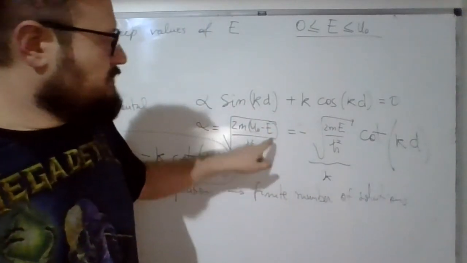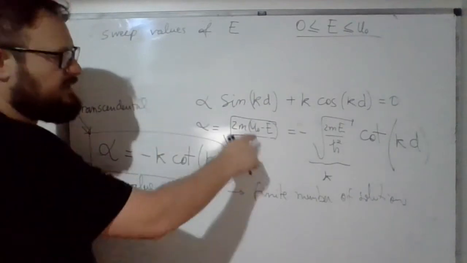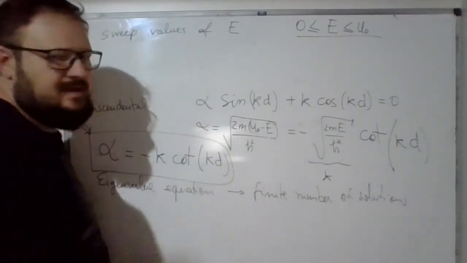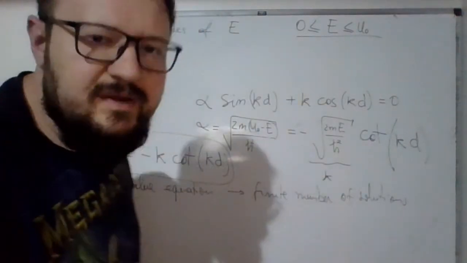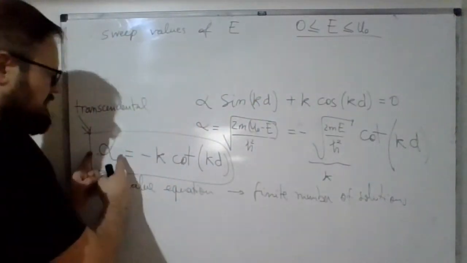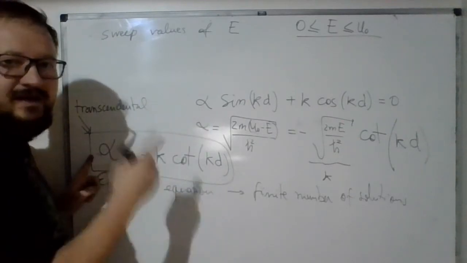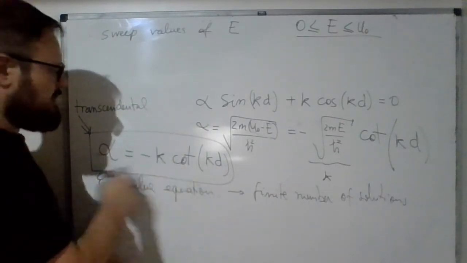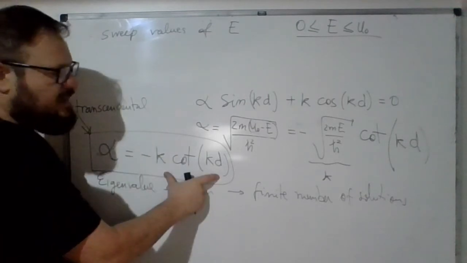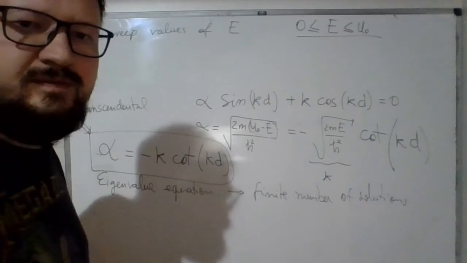So what you can do, you plug in values of E here, calculate the alpha, calculate the k for that E value, and look for a value of E which solves this equation. So if alpha is equal to that, that's a solution of your equation.